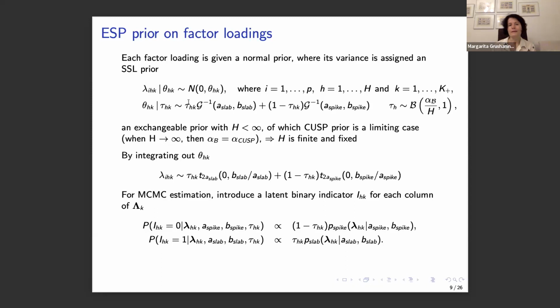However, we have the probability tau of the slab, not of the spike, and 1 minus tau is the probability of the spike, and we have the first shape parameter of the beta distribution as our concentration parameter divided by the number of factors. And so basically, the difference is that in the case of the CUSP, we have an ordered spike.